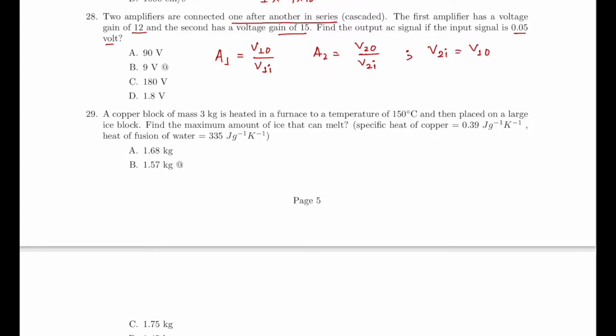So we need to calculate V2 output divided by V1 input, which is A1 into A2. That implies the final output voltage would be A1 into A2 into input voltage, which is 12 into 15 into 0.05, that is 9 volt. Option B.